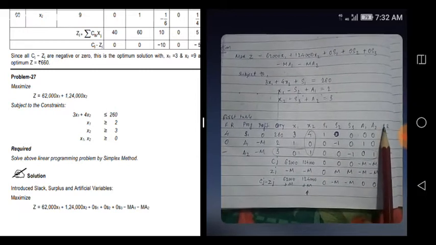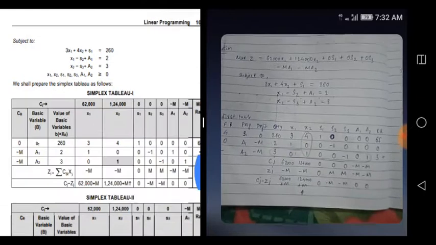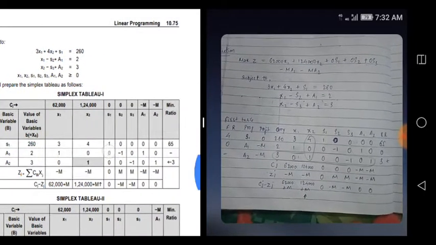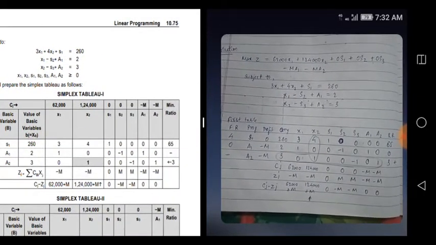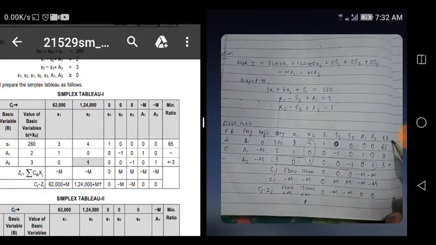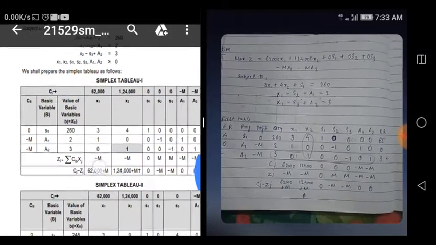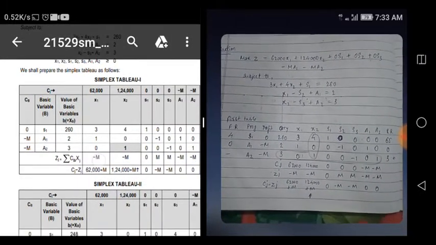FR means fixed ratio, and RR means replacement ratio. Here some different name will be there. Everything is the same, but they have presented it in a different way. They are saying minimum ratio, which is nothing but replacement ratio.